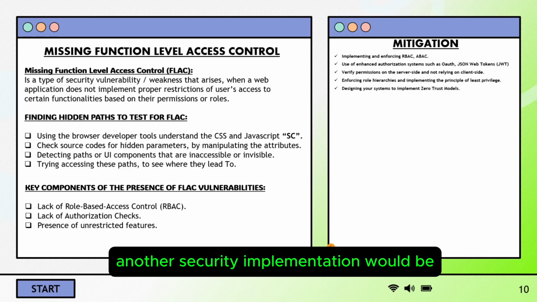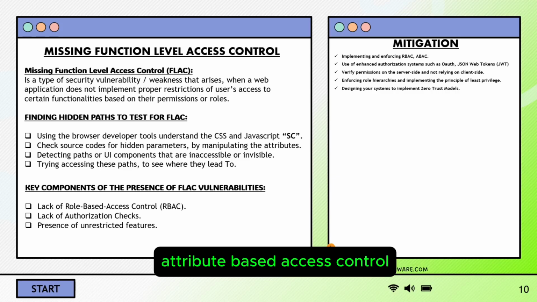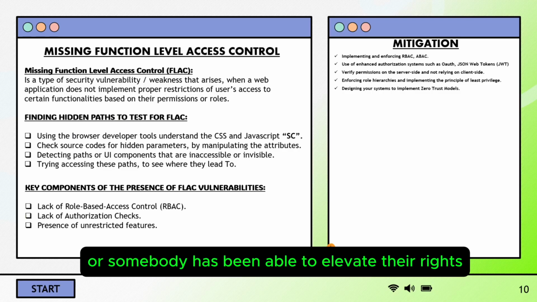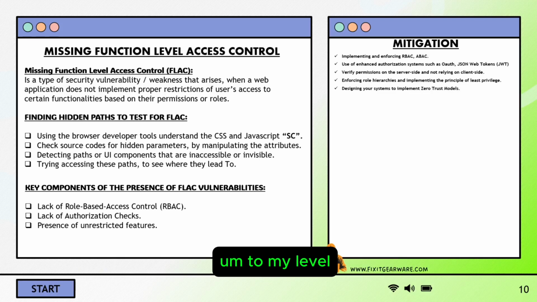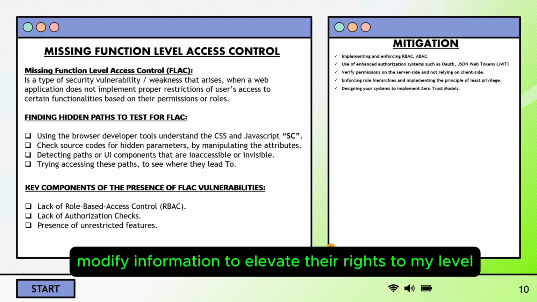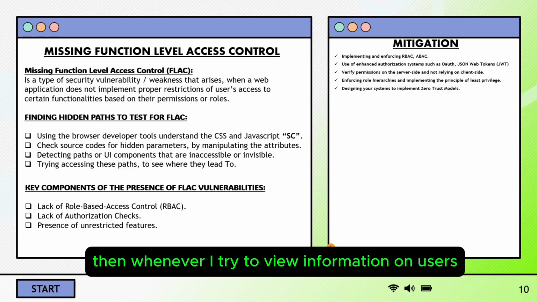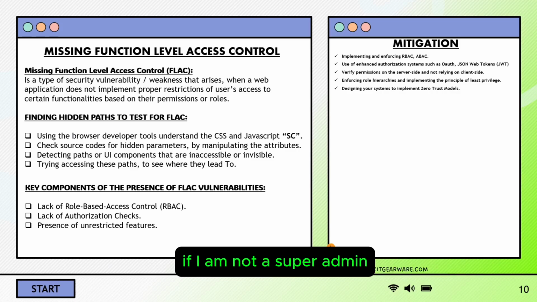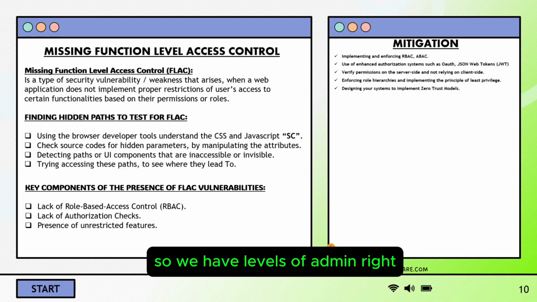Another security implementation would be attribute-based access control. Let's say I am an admin and somebody has been able to elevate their rights to my level, let's say they used IDOR and tried to modify information to elevate their rights. Whenever I try to view information on users, there should be an attribute that states that I am not a super admin, so we have levels of admin, right?